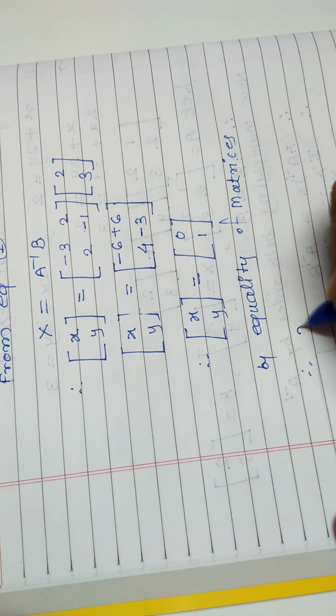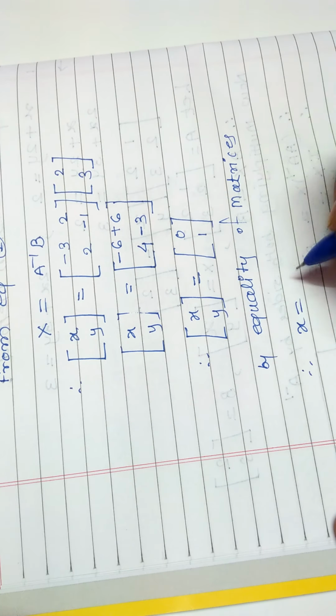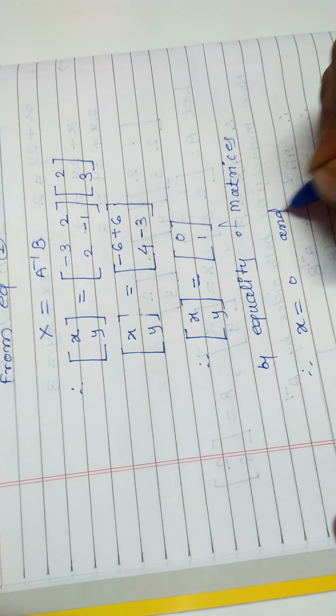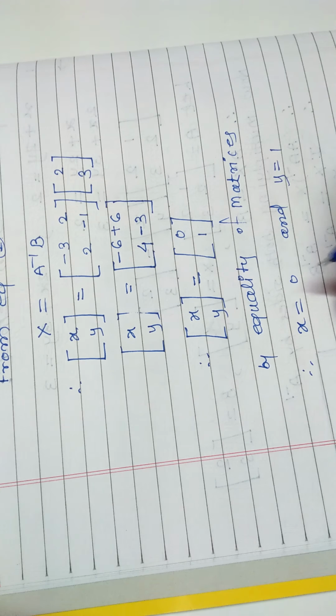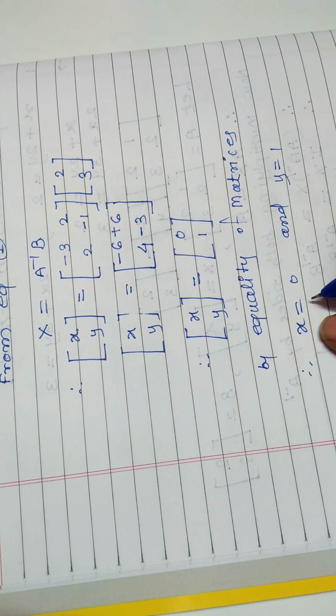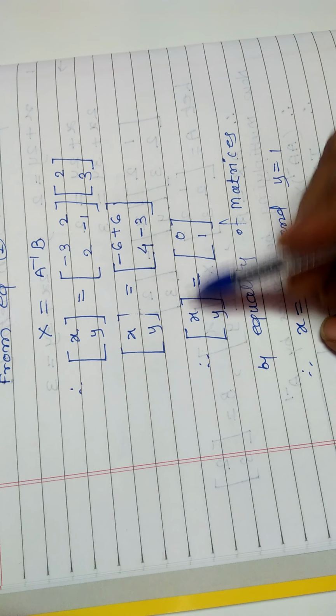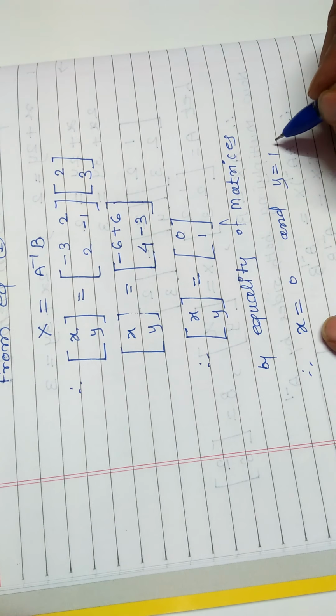So therefore x is equal to 0 and y is equal to 1. So this is the solution, that is the value of x and y. X is equal to 0 and y is equal to 1.